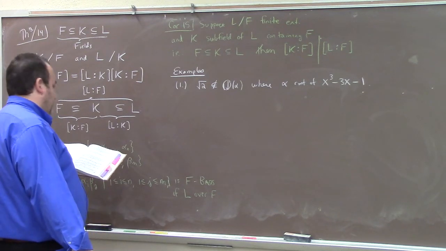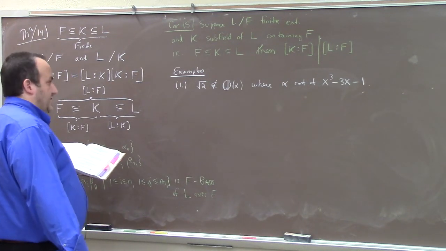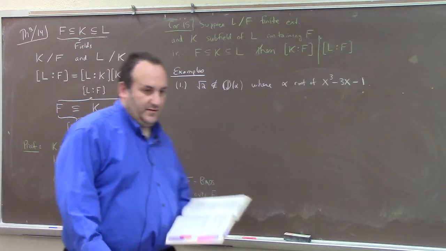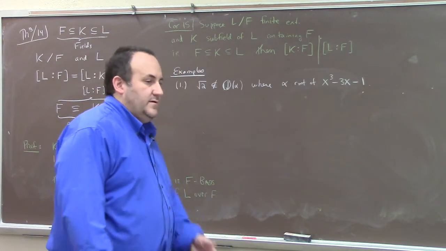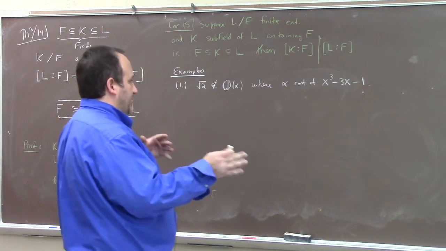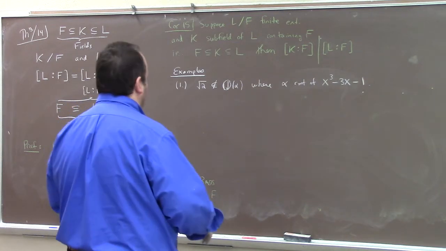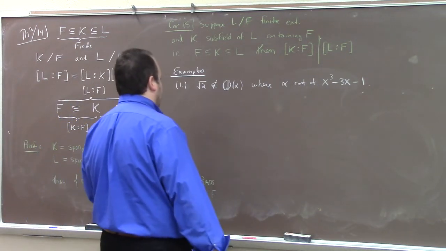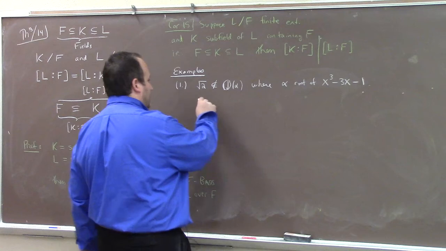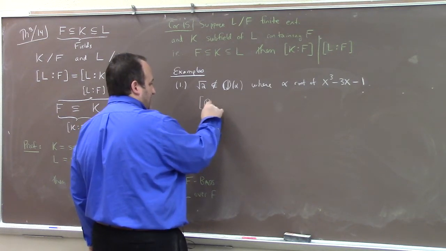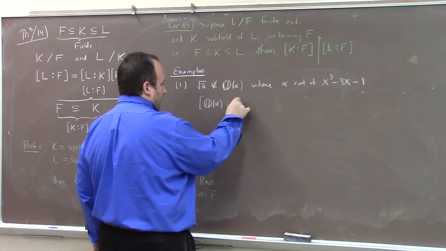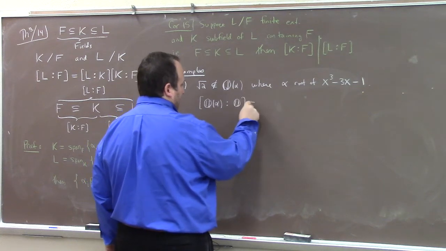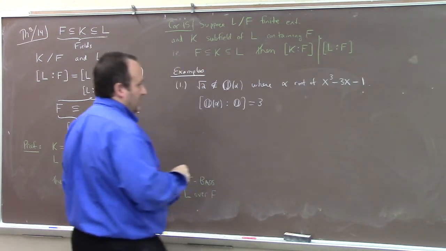Here's how to argue that. The degree of Q adjoin alpha over Q is 3.